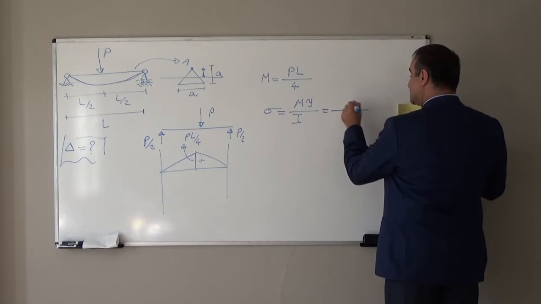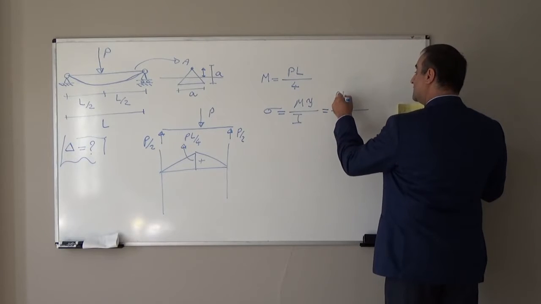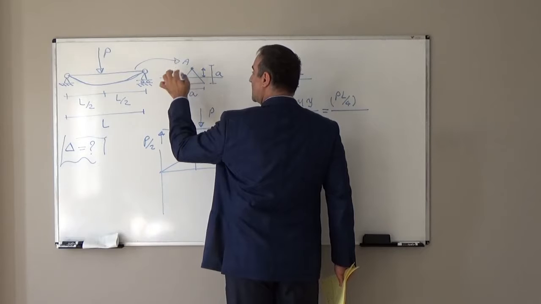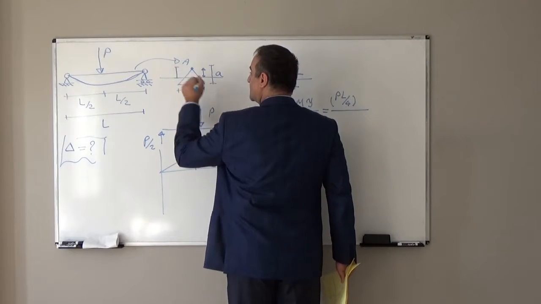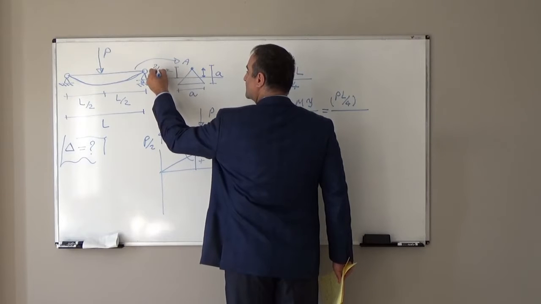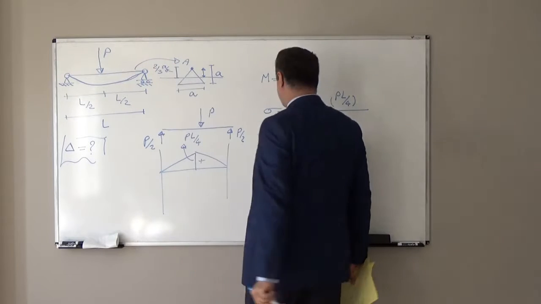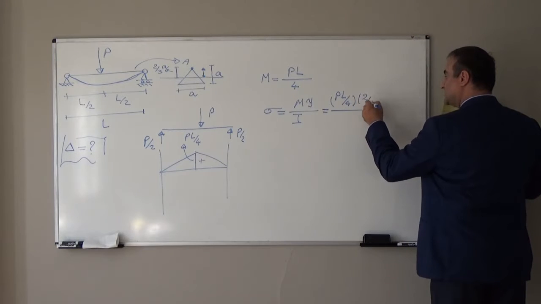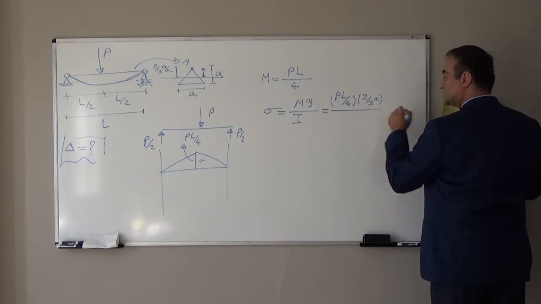The moment here is PL over 4. Y is the distance of this extreme fiber up to the neutral axis. That will be 2 over 3 A, that distance.